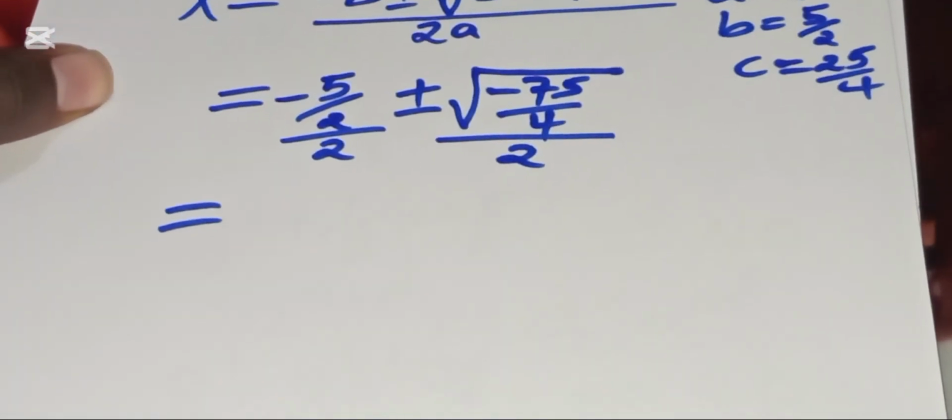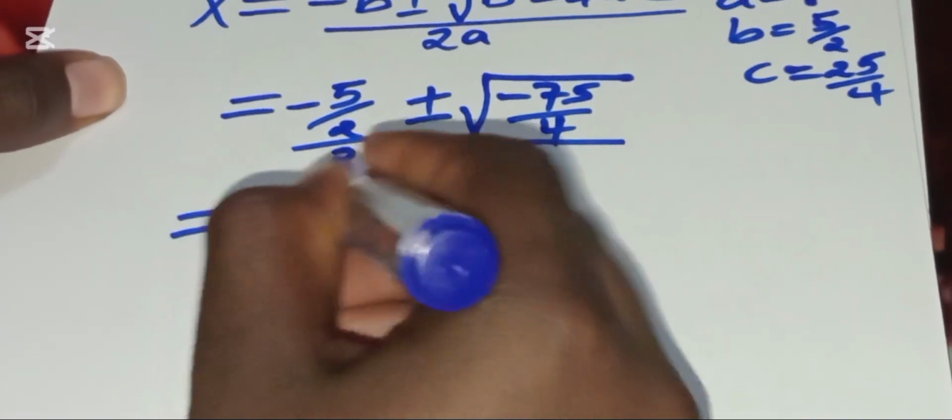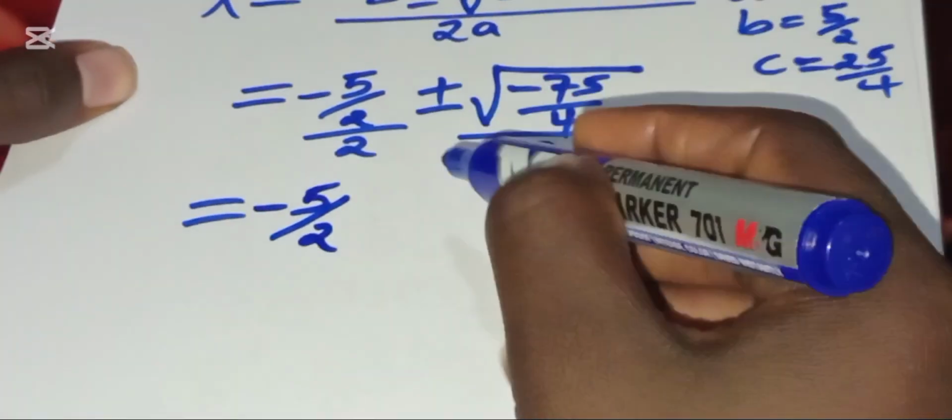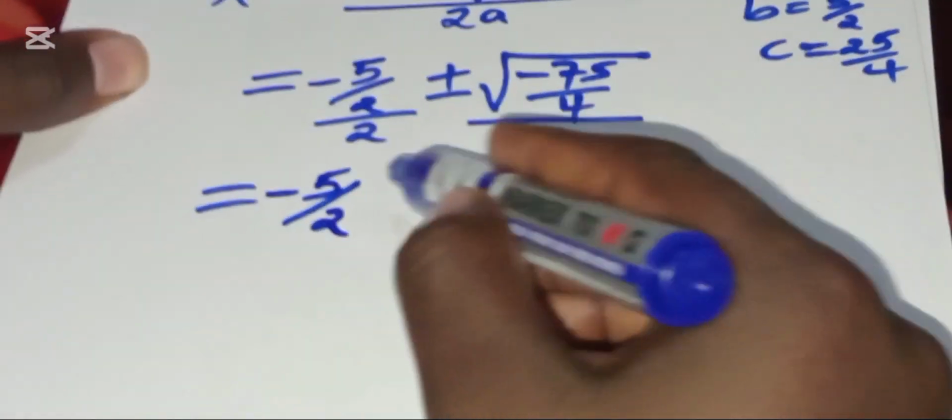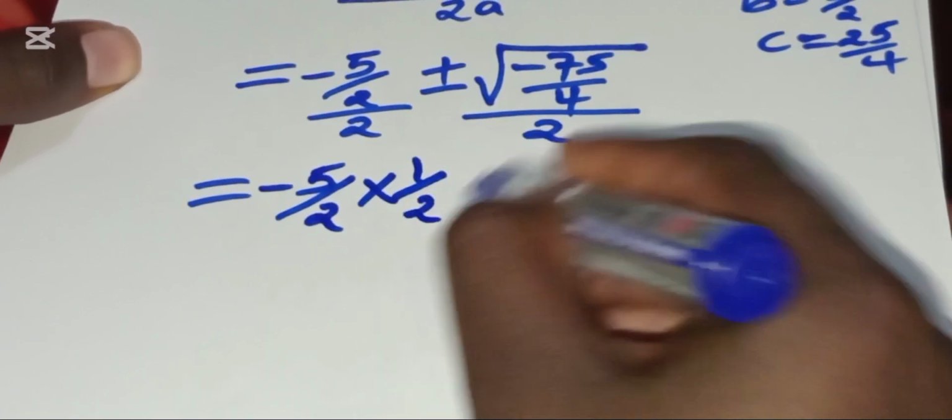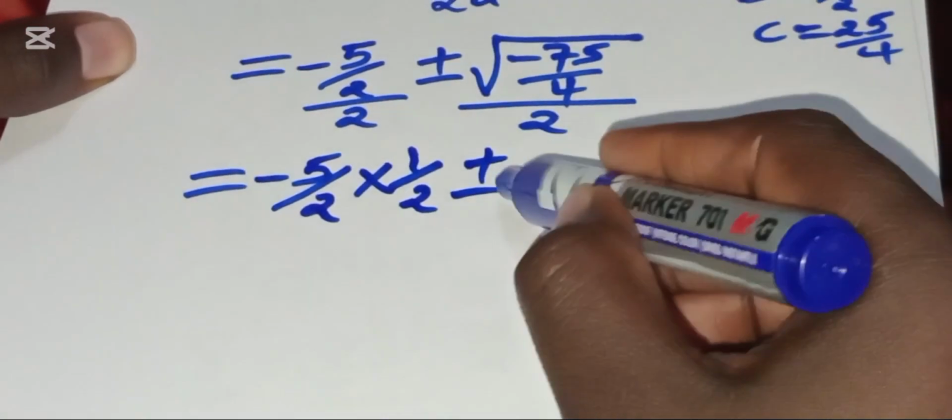This is the same thing as negative 5 divided by 2 times 1 over 2, plus or minus.